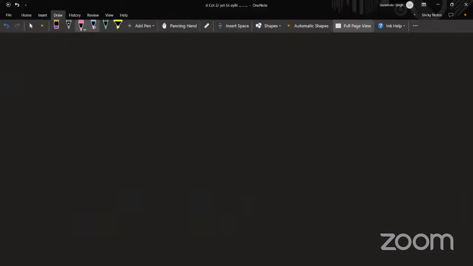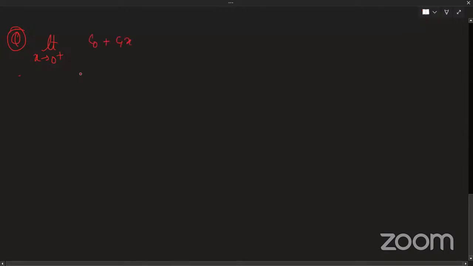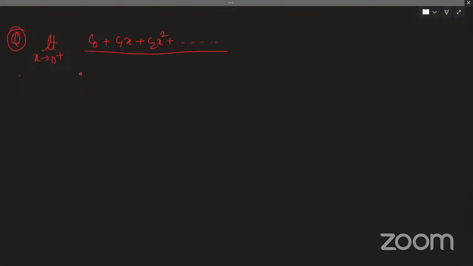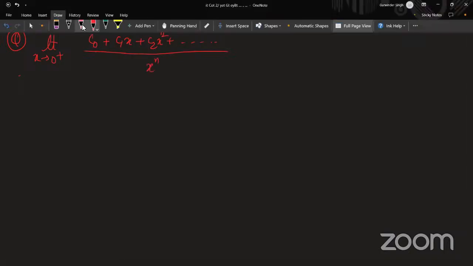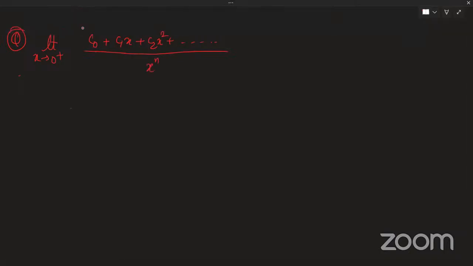Okay, let us just look at one more case. Let's just generalize this case. You have got something like C0 plus C1x plus C2x square plus so on, in the numerator, an infinitely long series. In the denominator, you have any natural number n. And it has been told to you that the value is a finite value.